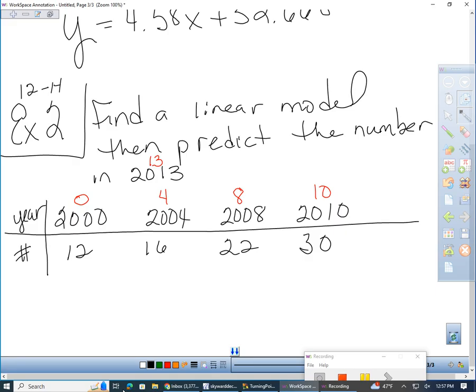Okay? You go highlight your L1 and hit clear enter.